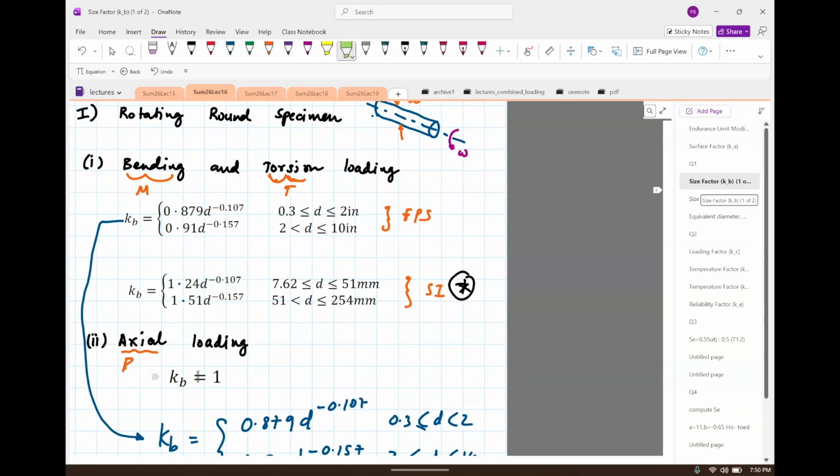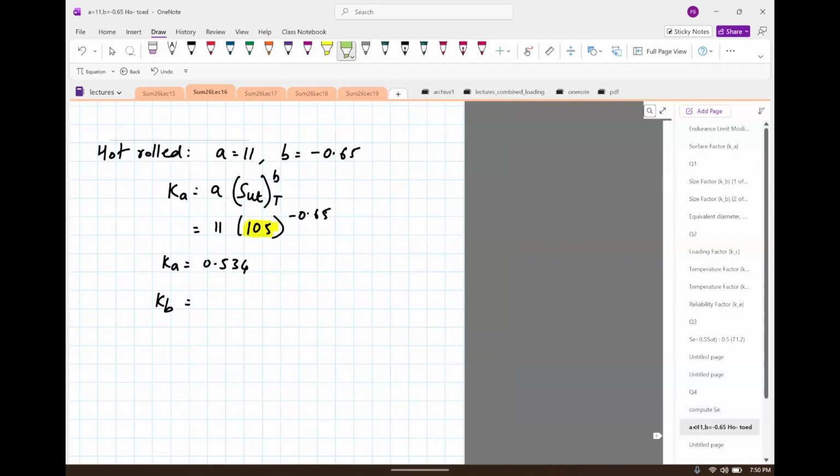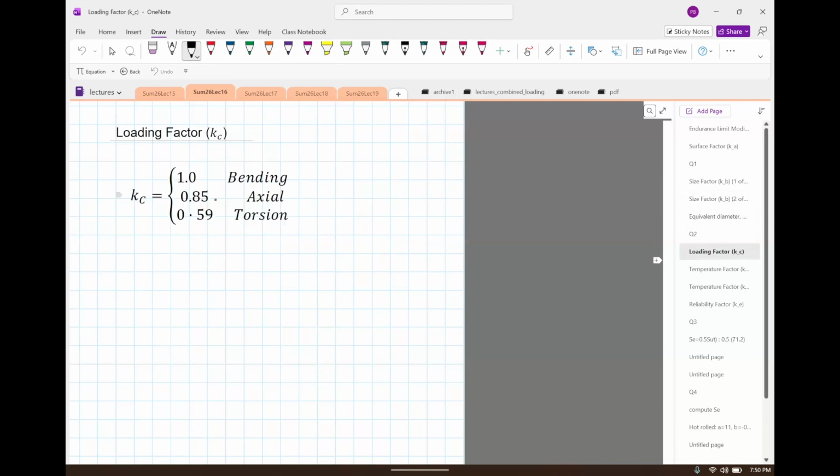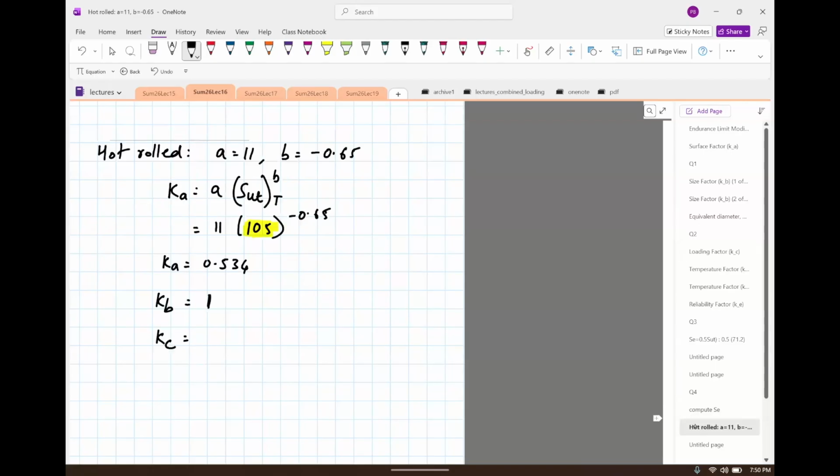So KB is 1, which makes our life easy. KC is the loading factor. So actual is 0.85. This is also for actual.